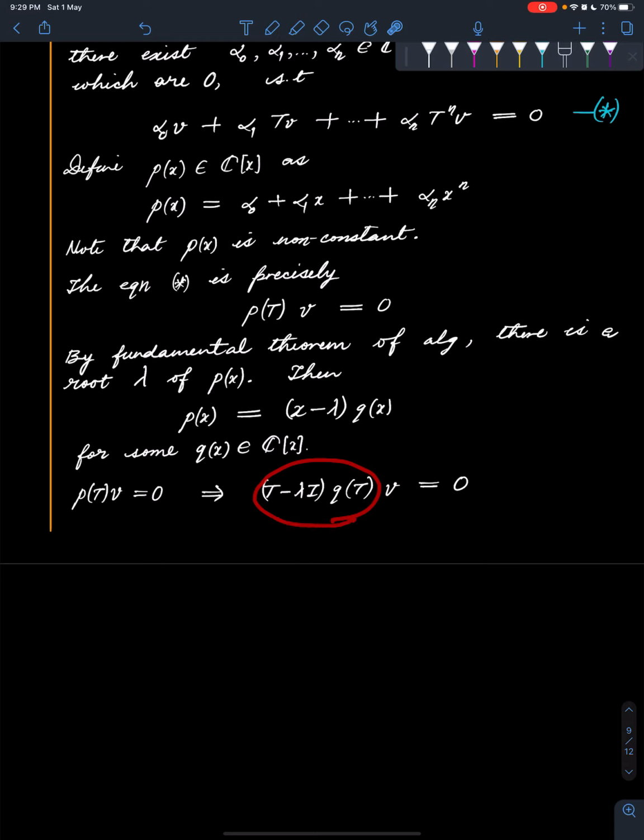When you substitute T here, you get T minus lambda I, and when you substitute T here, you get Q(T). As we discussed, products and composites behave well, and there is a hidden composition sign here which we do not write.